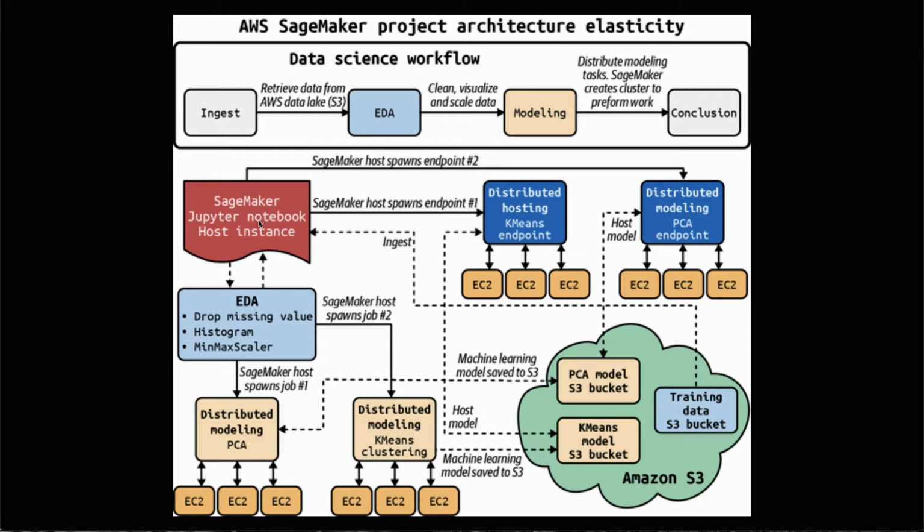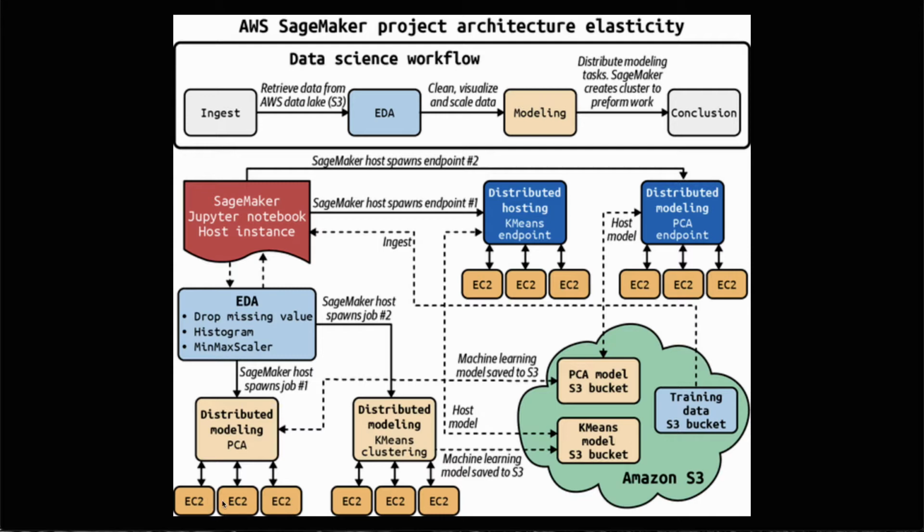So the first thing, you're going to need to launch an instance, and this would actually be potentially a medium-sized instance where you would start to work. Now, once you want to do exploratory data analysis and clustering and maybe principal component analysis as an exploratory data analysis step, or even a modeling step, you would need to spawn multiple versions of EC2.